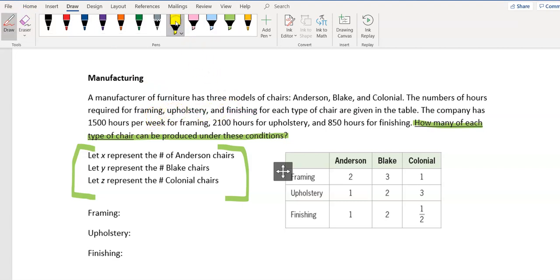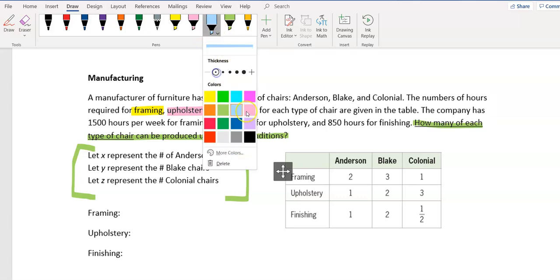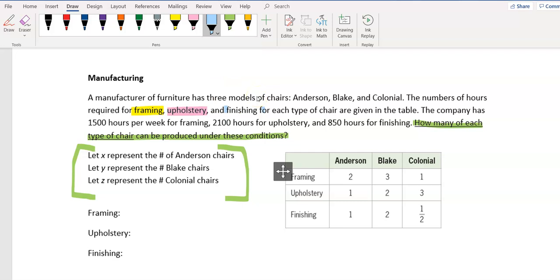So framing can be yellow, upholstery can be pink, and I'll make blue the finishing. Okay, so what we have here is places for each of those 3 equations that we need to write. One is going to be upholstery, one is going to be framing, and one is going to be finishing. So we need to try to come up with the equation for that.